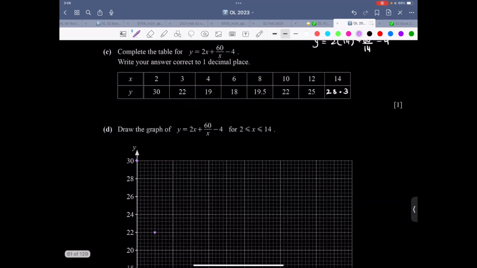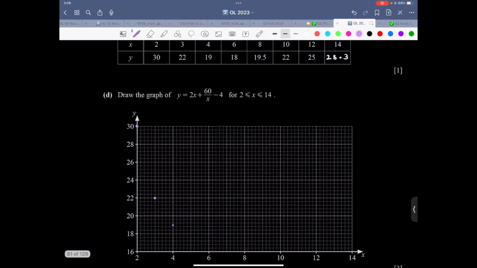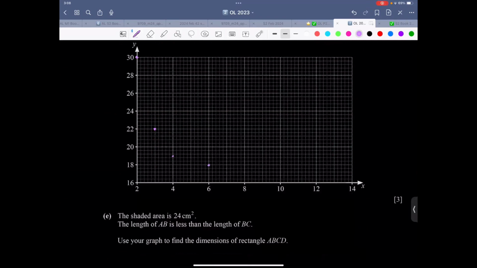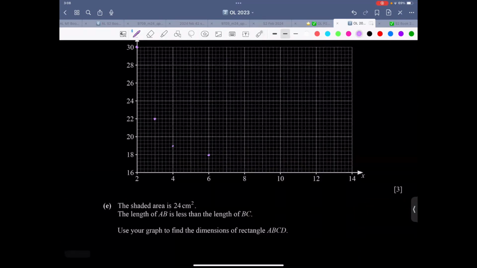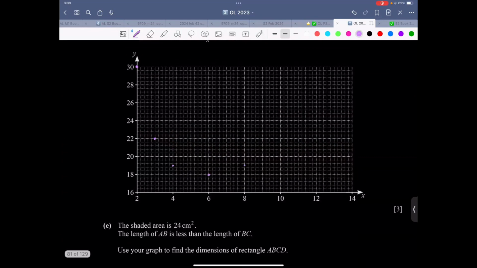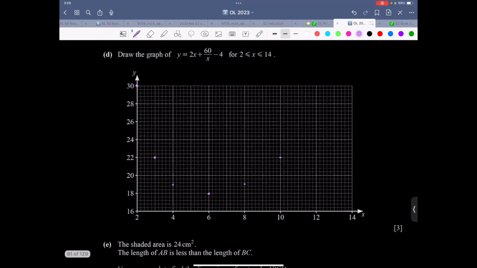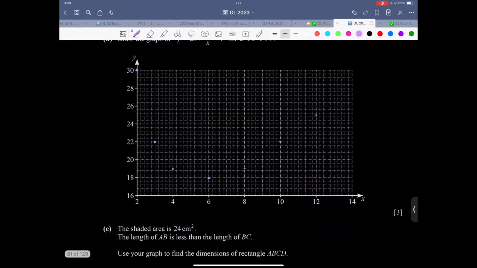It's a nice scale. 4 and 19, that is this one. 6 and 18 is over here. 8 and 19.5 is something here. 10 and 22 is like over here. 12 and 25, and 14 is 28.3. So a little above 28.